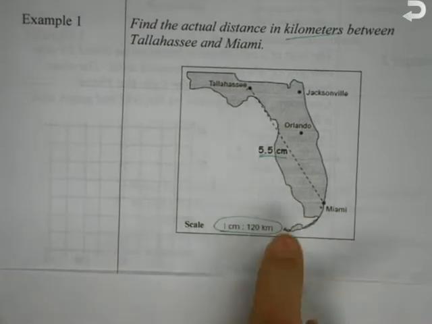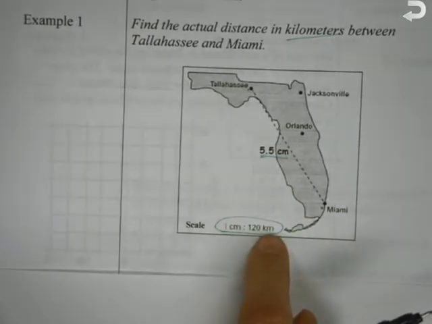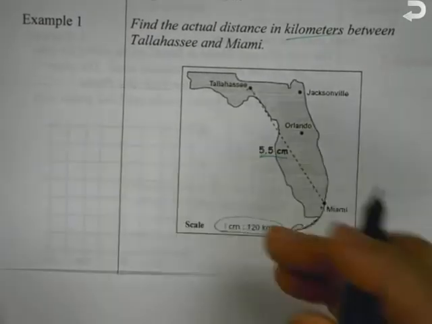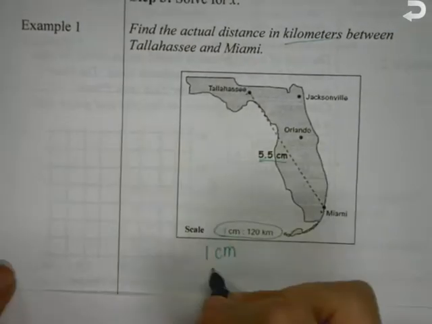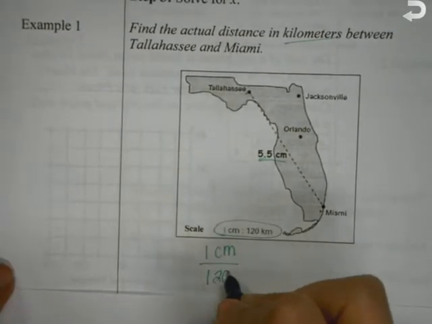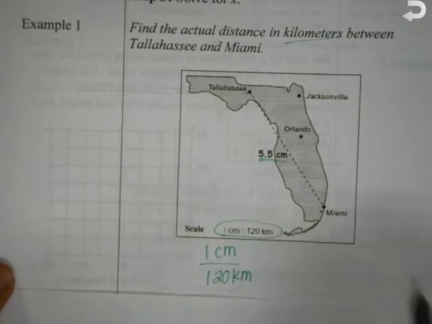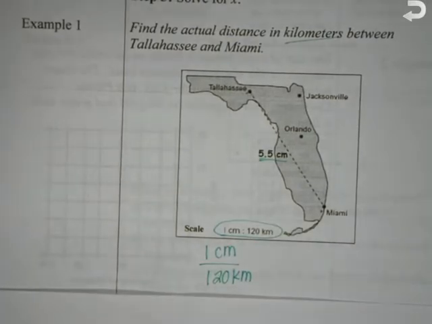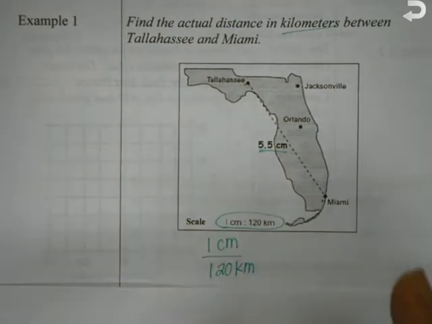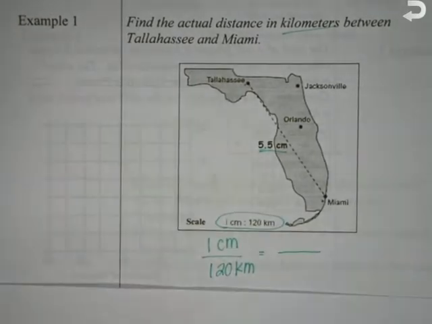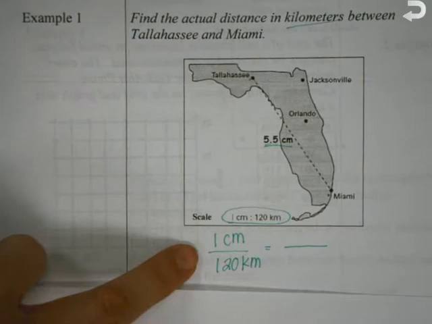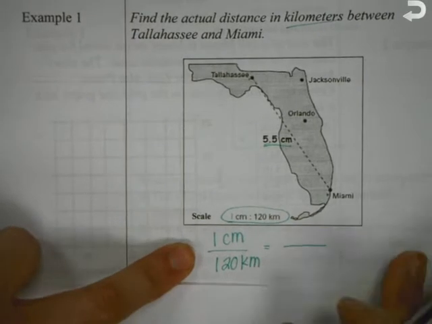So that is going to be our proportion. 1 centimeter over 120 kilometers equals, we set up another ratio. Okay, in my first proportion where my scale is, centimeters are on top and kilometers are on bottom.